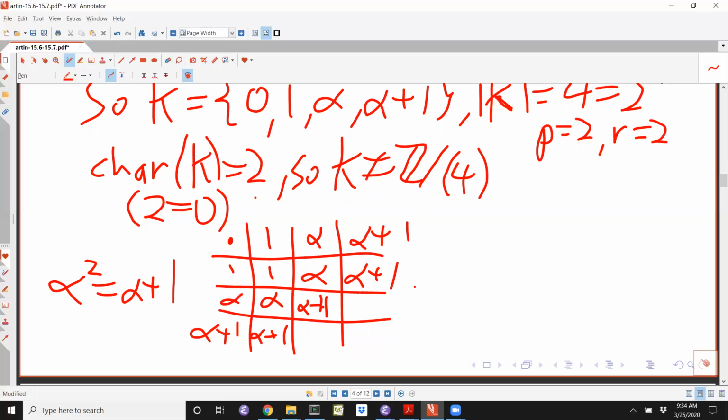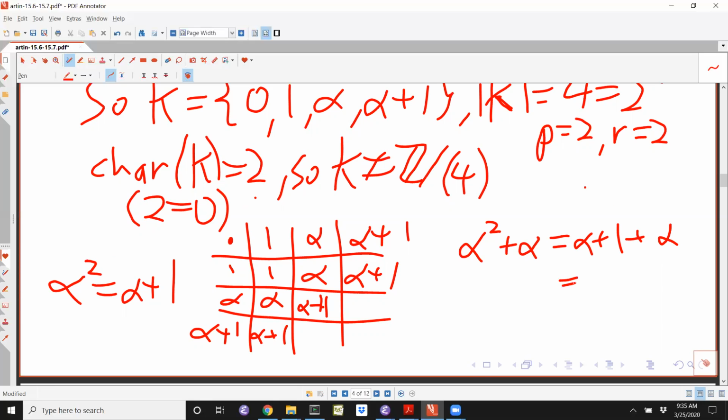Good. And now here's another. I'll do another one on the side over here. Now alpha times alpha plus 1 is alpha squared plus alpha. And so that's equal to alpha plus 1 plus alpha, because we're always applying this rule, alpha squared is alpha plus 1.